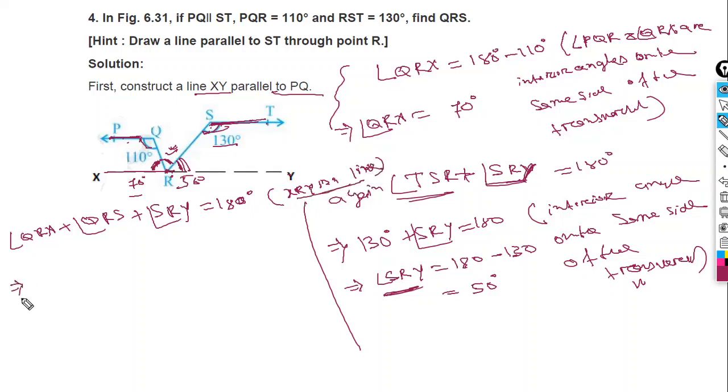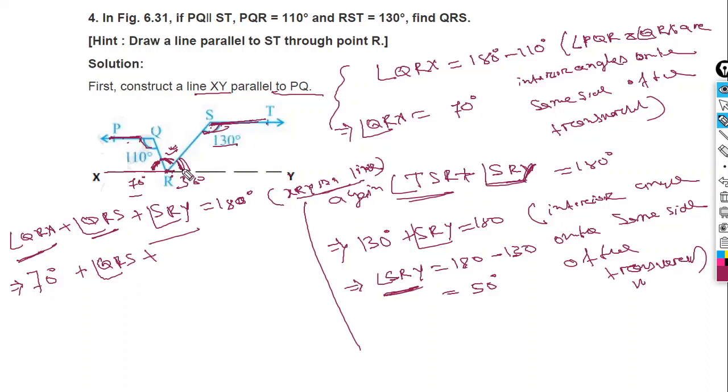Now put the values that you know. QRX is 70, plus QRS, do you know the value? No, we have to find this.